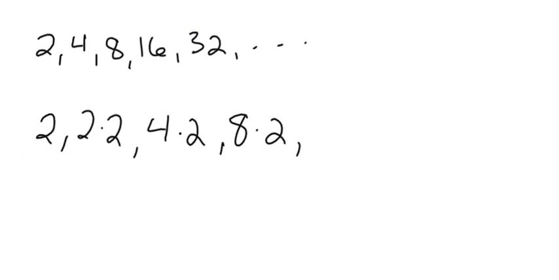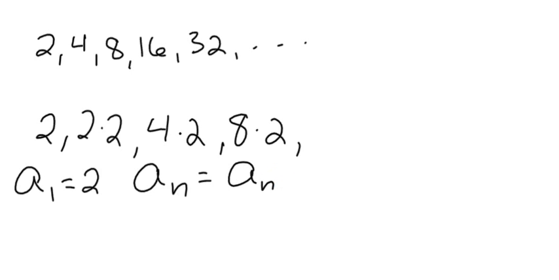So for the recursive function, it looks like a sub 1, our first term, is equal to 2. Now how do we come up with each term after our first term? a sub n is equal to the previous term, a sub n minus 1, and then times 2.